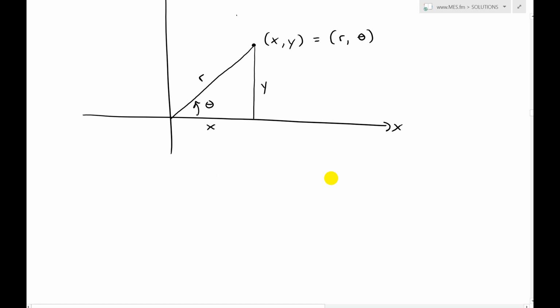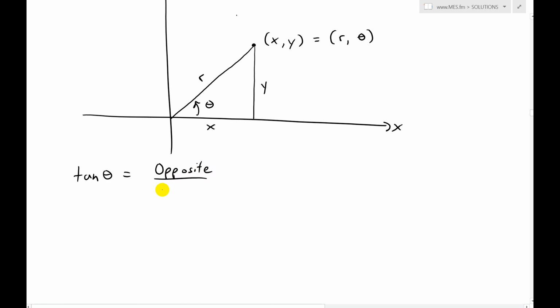Now if we recall from our earlier trigonometric videos, the tangent of theta of this angle is defined as y over x, or opposite over adjacent, but it's always going to be y over x.